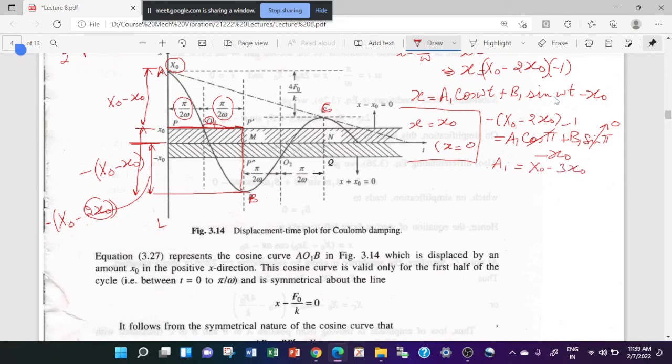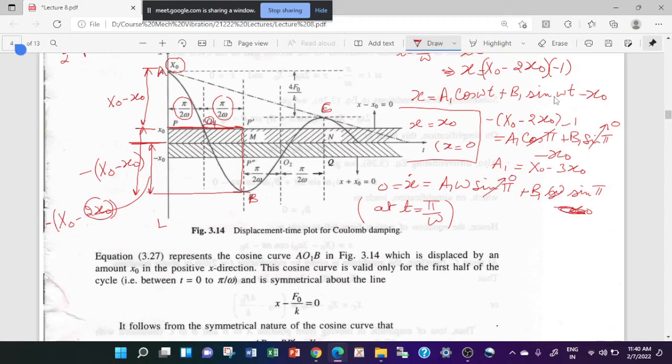Similarly, your velocity at this point, so velocity x dot is equal to a1 omega sin pi, which is equal to 0 at t is equal to pi by omega, plus b1 omega cos pi.